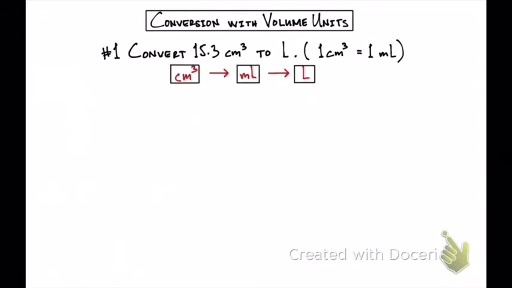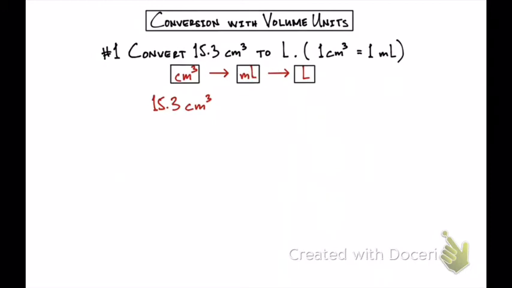All right, so we're going to write down what's given. So we have 15.3 cubic centimeters. And then you can see from the numerical relationship here that this is a 1-to-1 ratio. Right, so if we have 1 cubic centimeter, we have 1 milliliter. And so in that case, if we have 15.3 cubic centimeters, we have 15.3 milliliters.